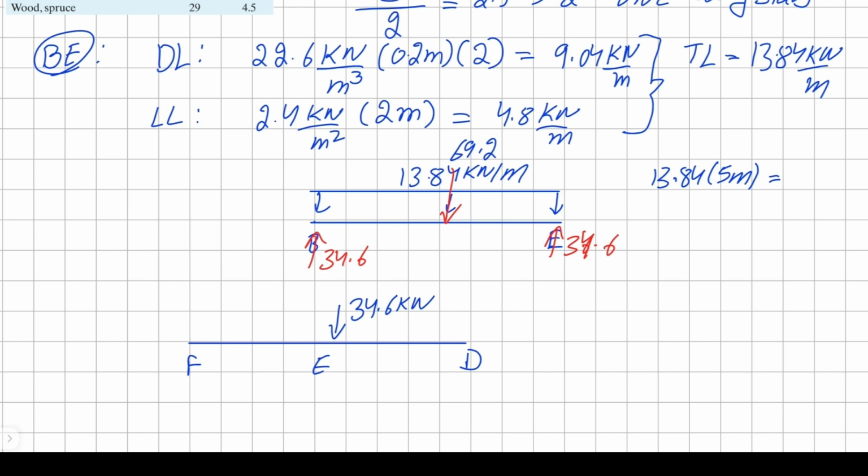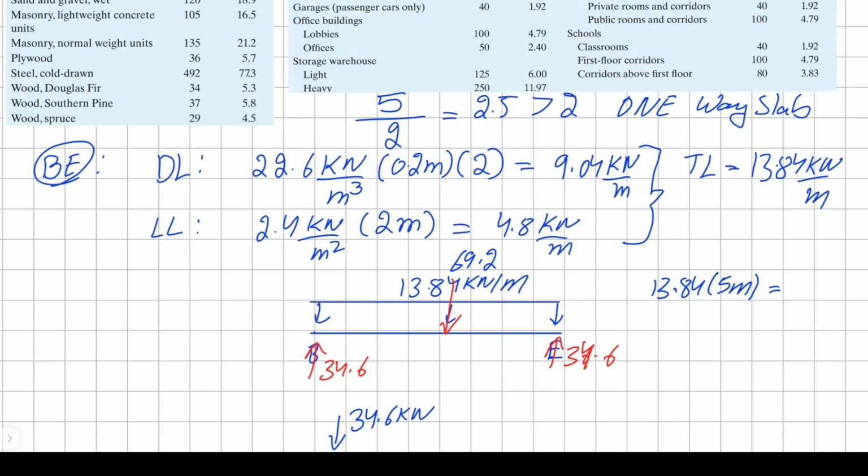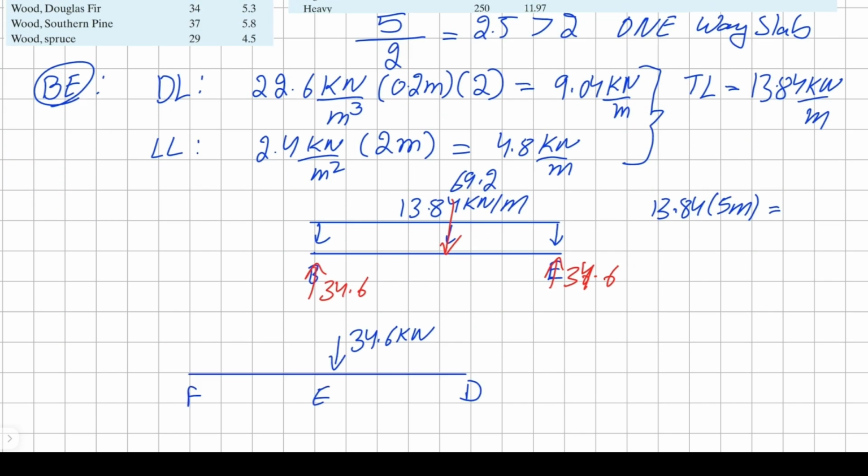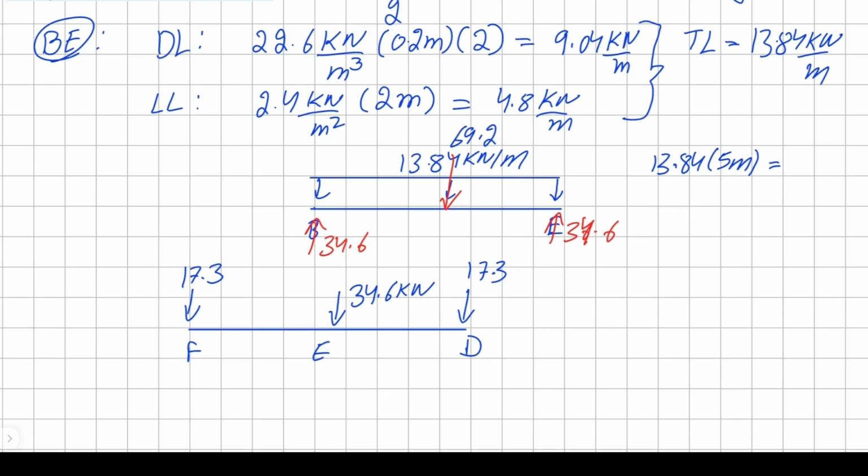And we know that the beams AF and CD will have half the loading of whatever our member FBE had. Therefore, simply dividing 34.6 by 2, we'll get the loading for points D and F, which is 17.3. All right, and there we have it, our solution for this problem.